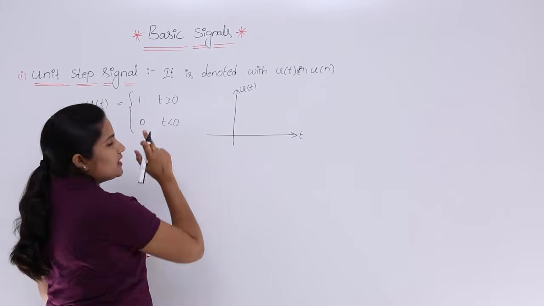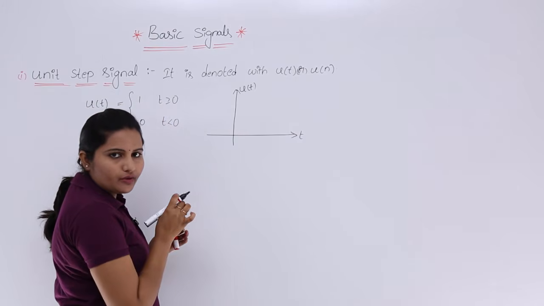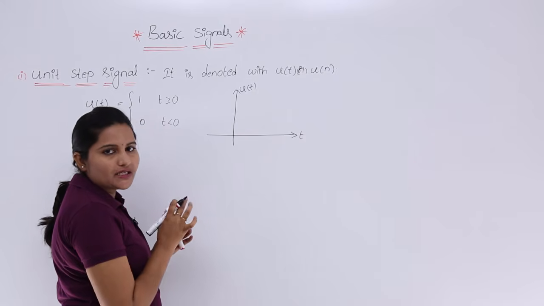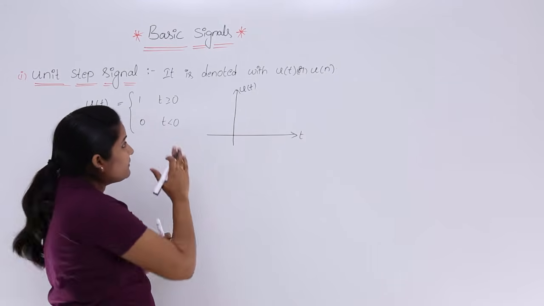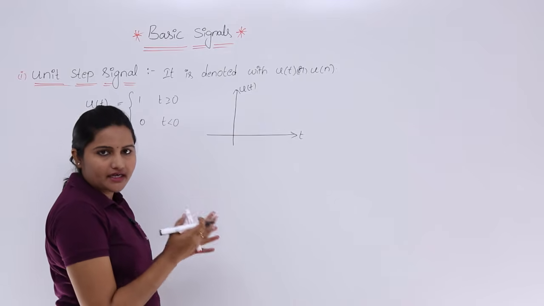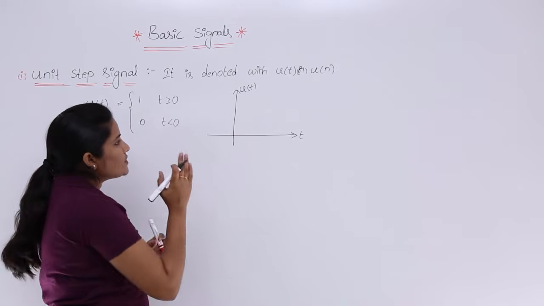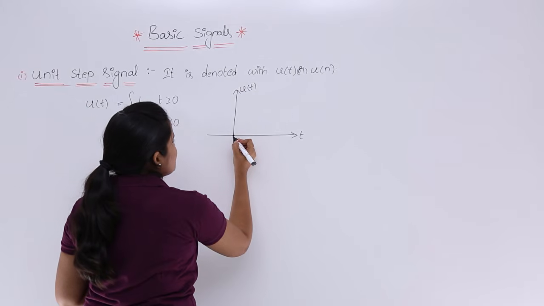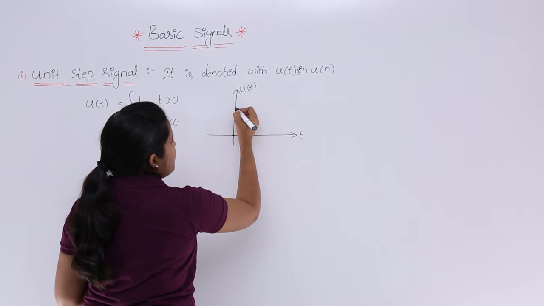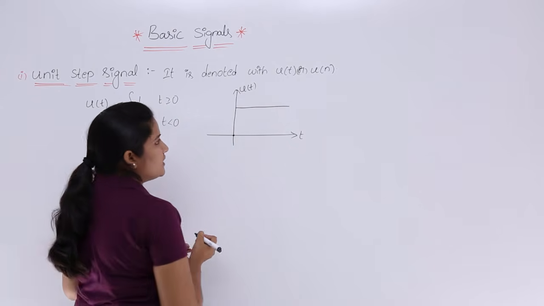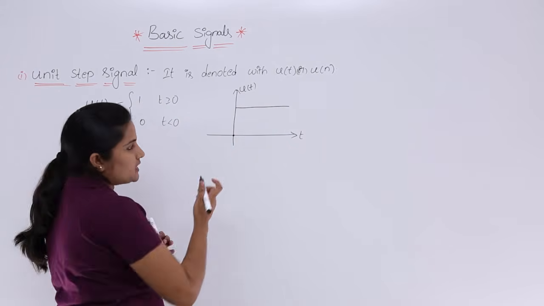From t greater than or equal to 0, the unit step signal amplitude must be equal to 1. Whatever value is indicated here indicates the amplitude of the signal. From t equal to 0 onwards, you consider 1 for the unit step signal.